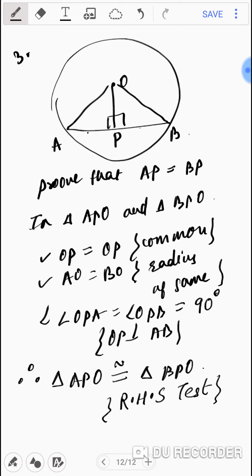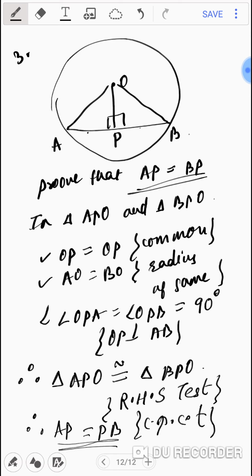So the test applicable for this will be RHS test. No other test will be applicable. If you apply any other test, it will not be accepted. Once you got that, you can say therefore AP is equal to PB by CPCT. Hence proved. Clear?